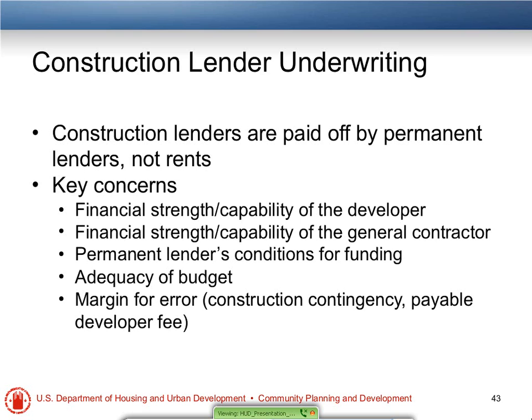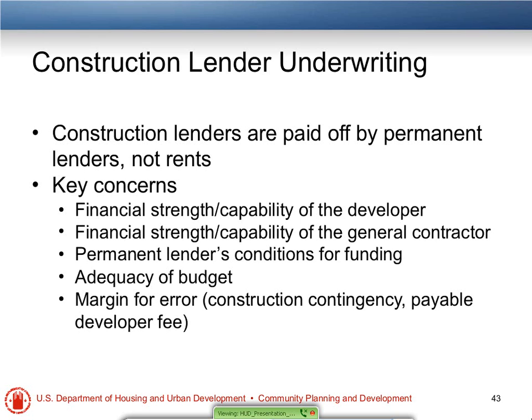And again, we're going to be looking at many of the same things we look at with the developer. Their strength, their experience, have they done this type of construction before? And the lender is going to lend a percentage of that construction cost. So again, they have collateral coverage during construction. They're looking at the general contractor. The general contractor may, in fact, have provided the developer owner with what's called a guaranteed maximum price contract or a fixed price contract.